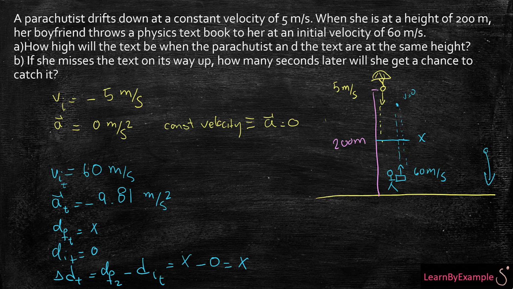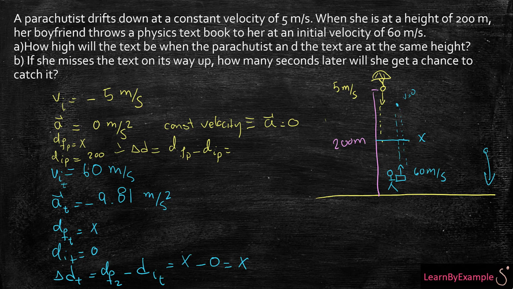How about for my parachutist? So for the parachutist, my final position would be X. So that's my d final for my parachutist. And then for my initial position for my parachutist, I start at 200.